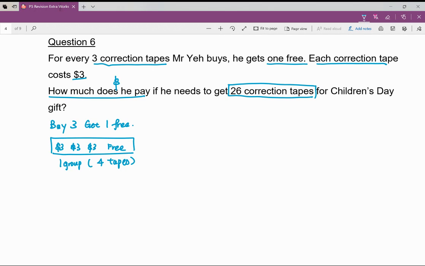One group is 4 tapes. All right, for the 4 tapes, the cost of 4 tapes is actually only 3 times $3. Why? Because the last one is free. So the cost of 4 tapes in one group is $9. So my one group is actually $9.